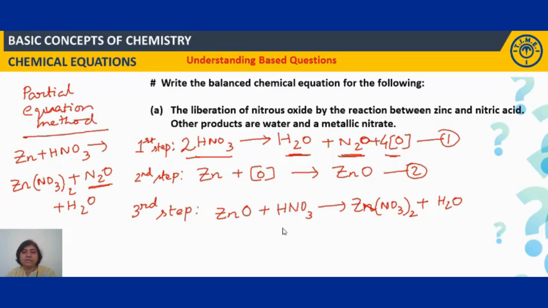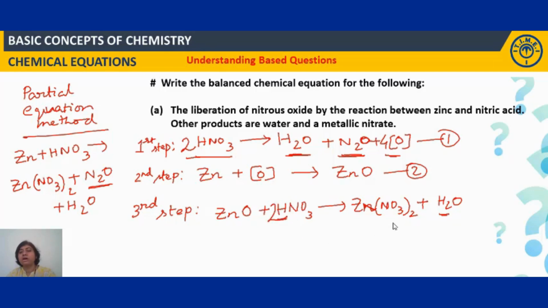Now let us balance this third step. Left hand side 1 zinc atom, right hand side also 1 zinc atom. So this is balanced. Now let us see hydrogen. On the left hand side 1 hydrogen atom is there, and on the right hand side 2 hydrogen atoms are there. So let me write here first 2.